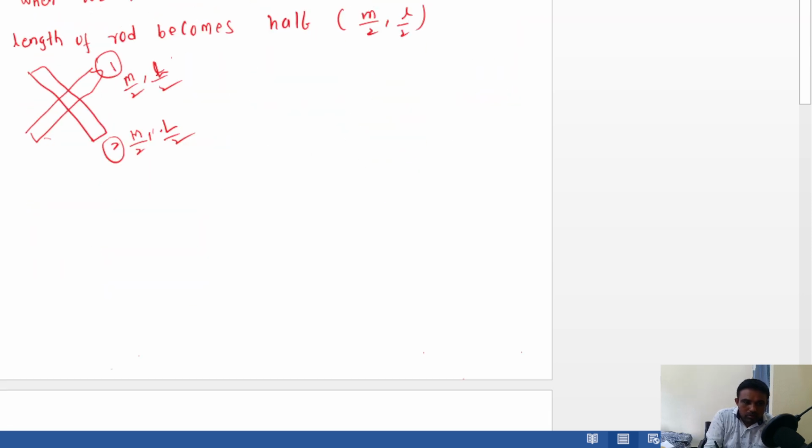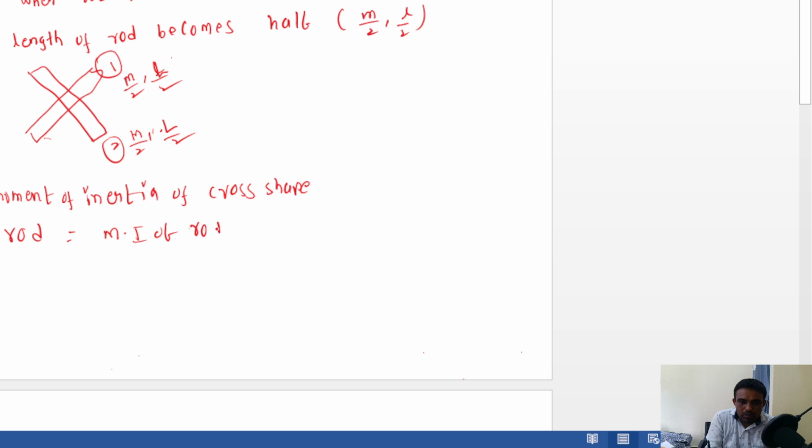Okay, now the moment of inertia of the cross shape rod is equal to the moment of inertia of rod 1 plus the moment of inertia of rod 2.